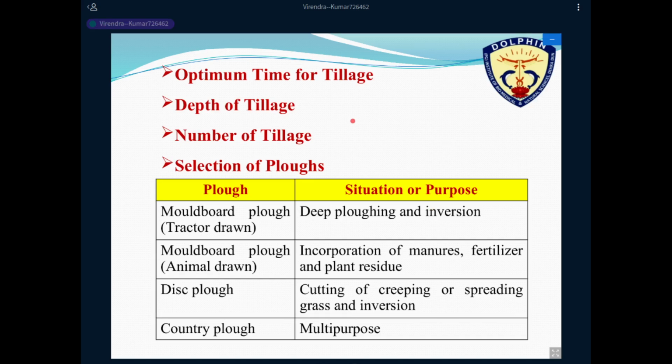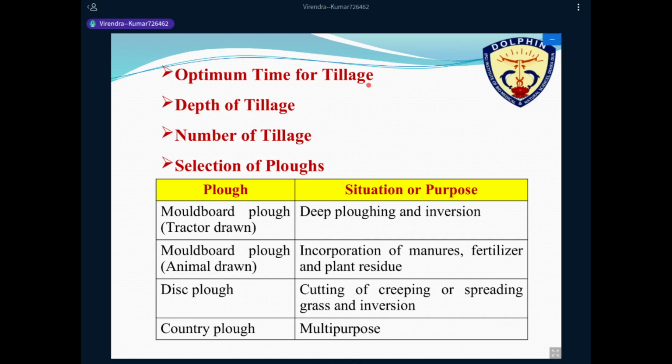So when we conduct our tillage practices, what will be the depth of tillage, and what will be the number of tillage operations? Here the optimum time of tillage means the appropriate timing of tillage practices. It means the condition of the soil, when we can conduct the tillage.